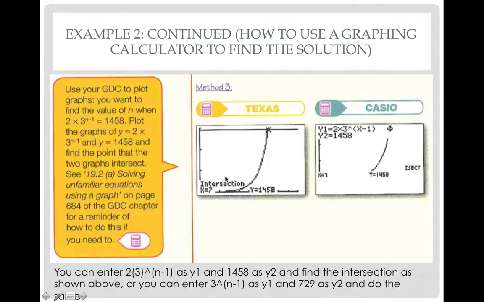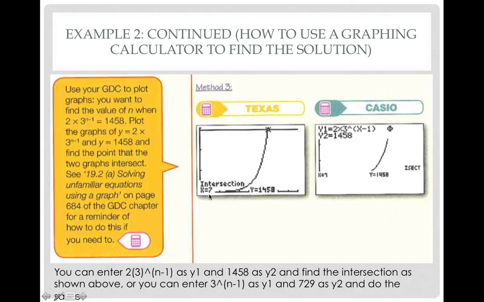We have a command on our calculator where you can find the intersection point. If you do that successfully, then you should see that at x equals 7, y is equal to 1458. That's the coordinates of this point. So x equals 7. That gives us the answer.